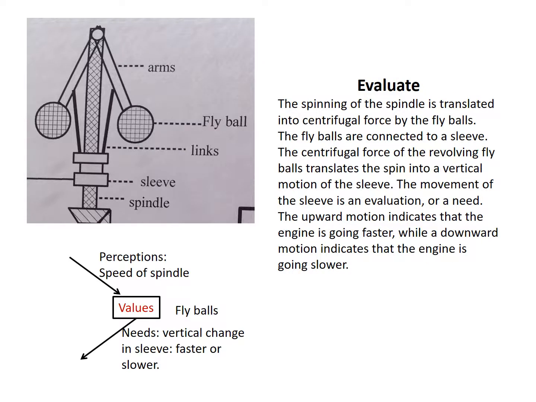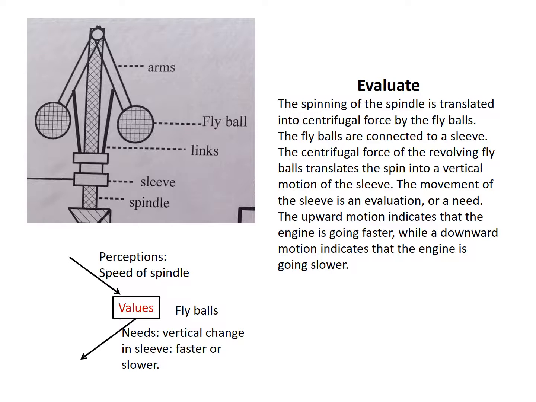Evaluate. The spinning of the spindle is translated into centrifugal force by the fly balls. The fly balls are connected to a sleeve, and the centrifugal force of the revolving fly balls translates the spin into the vertical motion of the sleeve.